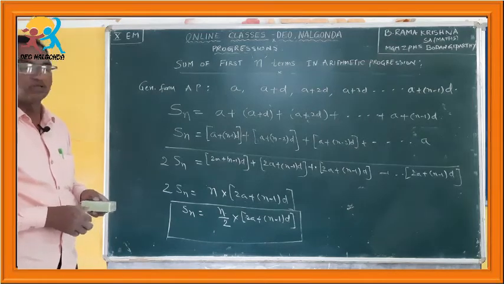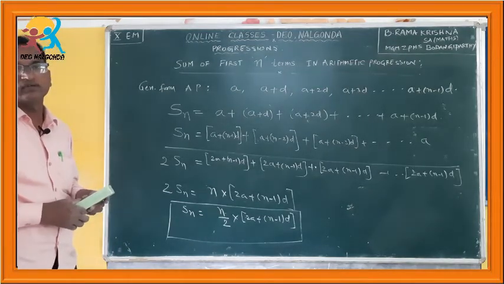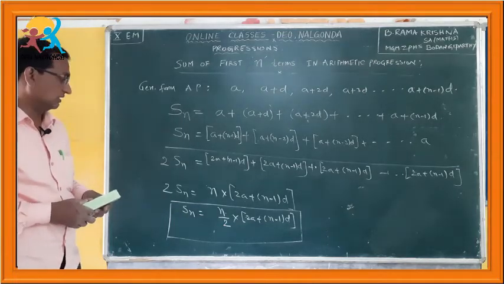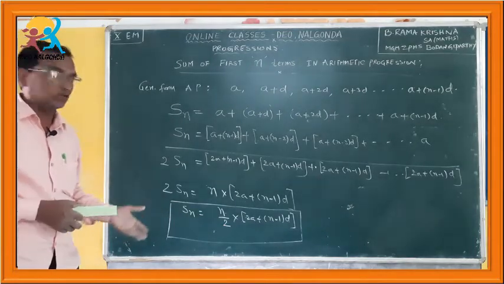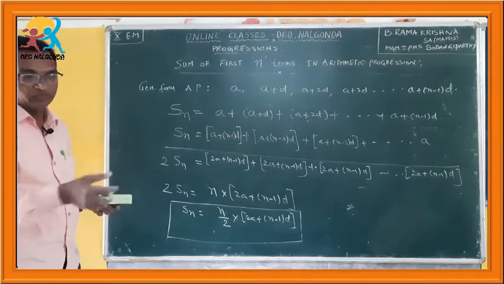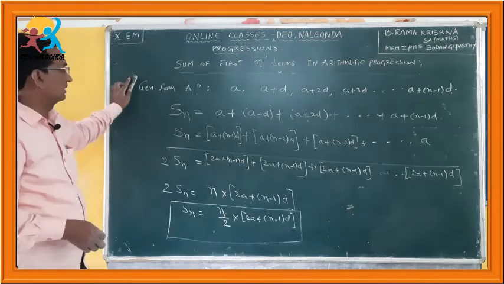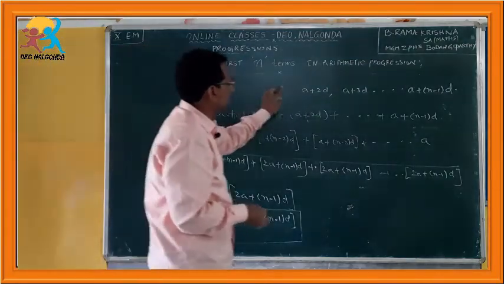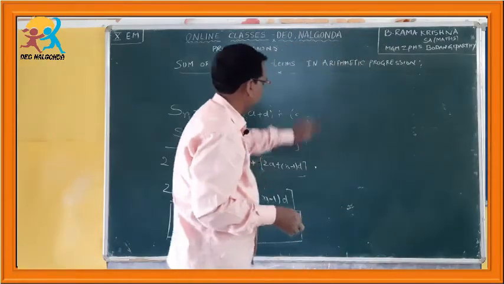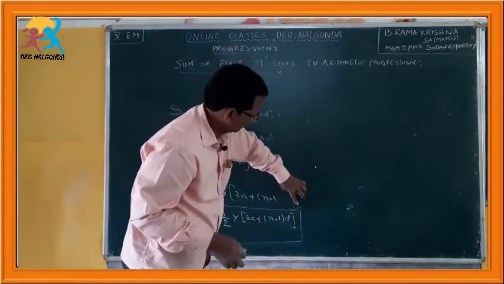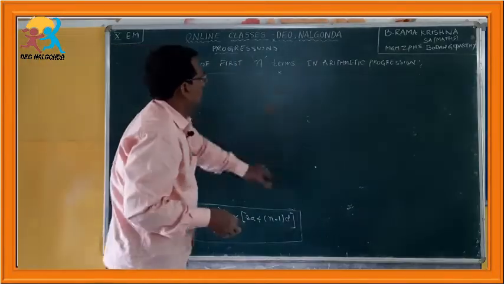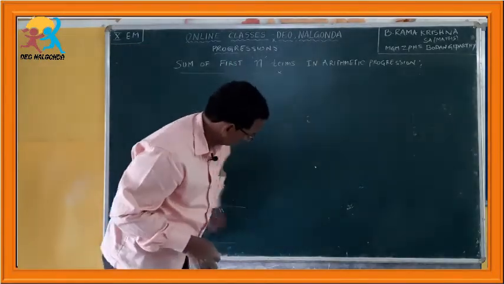If you understand the terms in that formula, if you understand the whole concept, how we got there, you will be able to solve many problems regarding the sum to n terms in an arithmetic progression. Now, if you analyze this formula more, you can conclude many things. Let me write this formula once again.